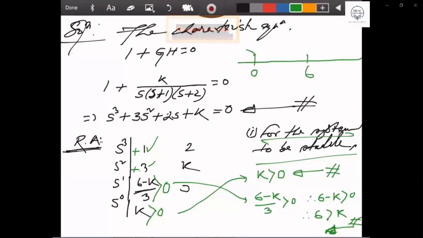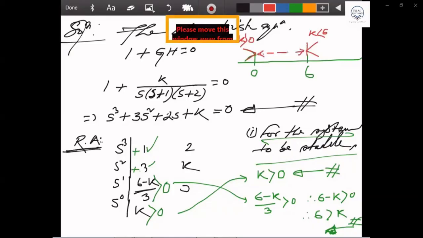That means K is greater than 0, and K is less than 6. This is the two limits. Within this limit, within this region, the system will be stable.